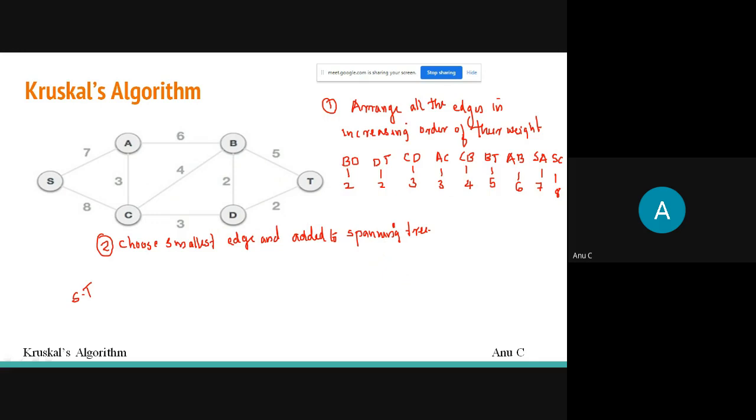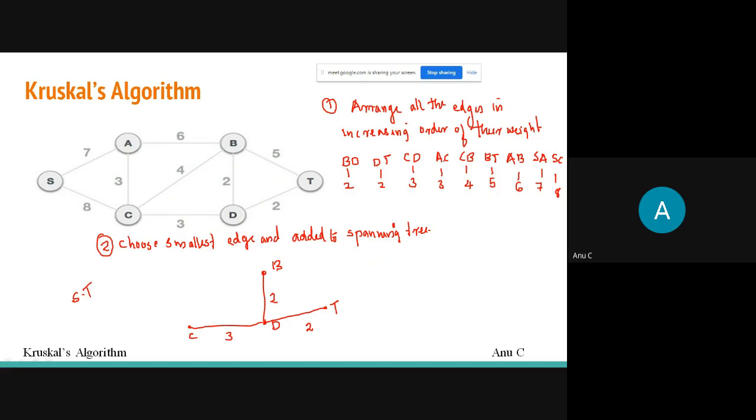It is the smallest edge. Then select BD and add it to the spanning tree. Here B, D, its weight is 2. And the next smallest edge is DT. So right here, DT. And the next smallest edge is CD, right? Choose this edge and add it to the spanning tree, and its weight is 3.